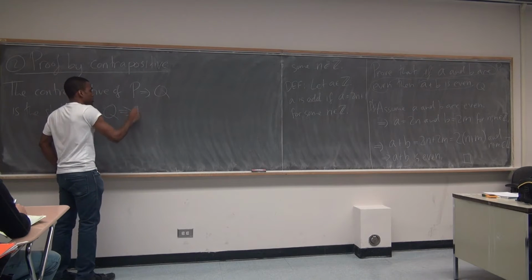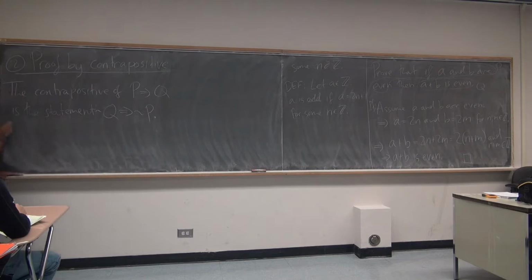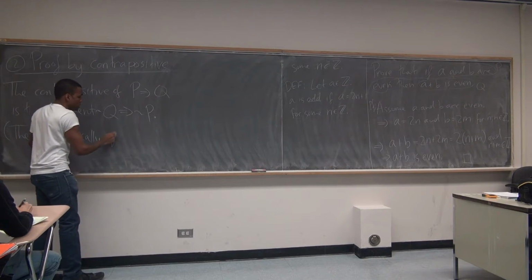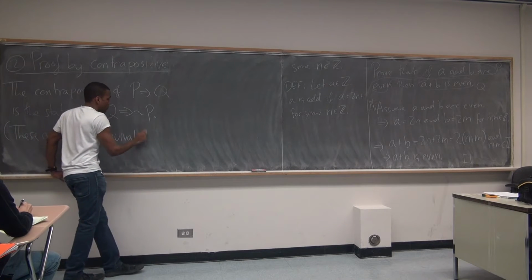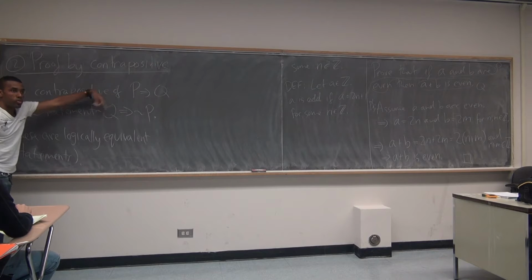I'm not going to prove this to you, but I'm just going to say these are logically equivalent statements. You can prove this using a truth table. If you ever did a logic course or a basic proofs course, they would have done that. Logically equivalent statements, meaning they'll both be true or both be false at the same time. You can prove one by proving the other, right?